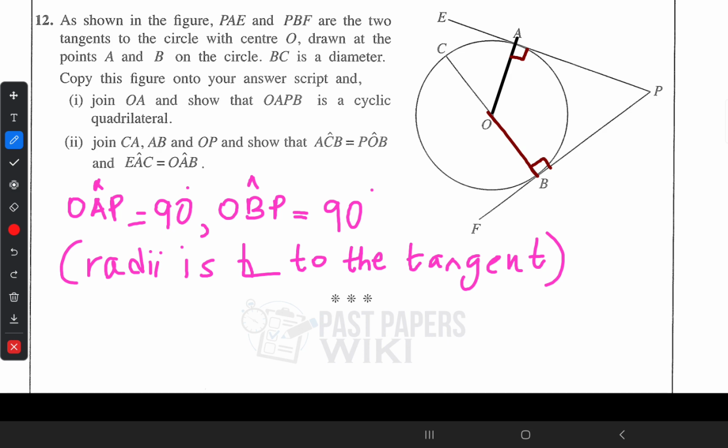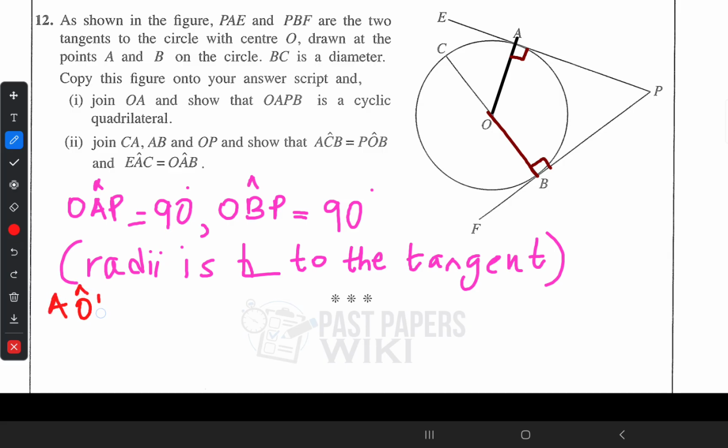So we know that the sum of these two angles is equal to 180. Since it is a quadrilateral, the sum of all angles is 360. Now we already know that the sum of these two angles is 180. So the sum of the remaining two angles is also equal to 180. Let's write that one as well.